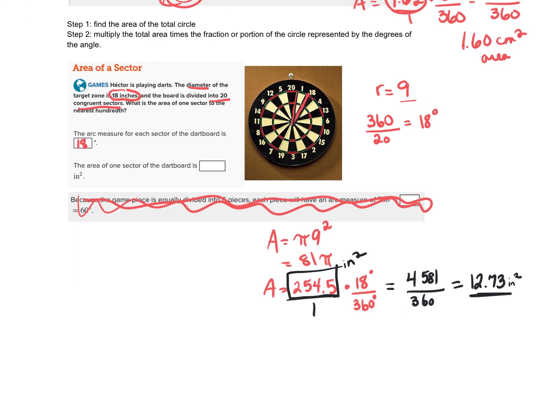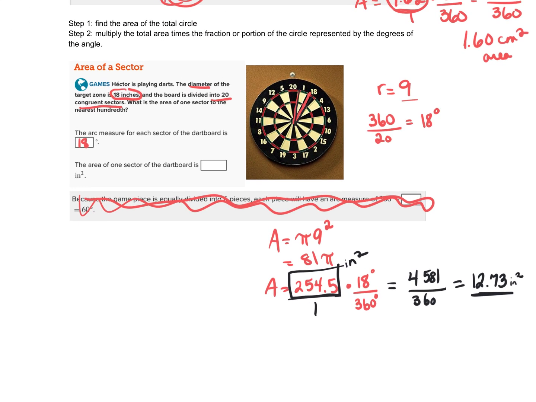And again, I can confirm that I did this correctly by comparing those two: 12.73 divided by 254.5 is equal to 0.05.